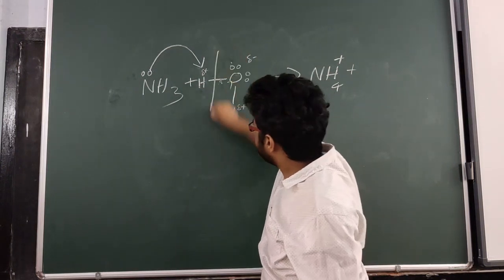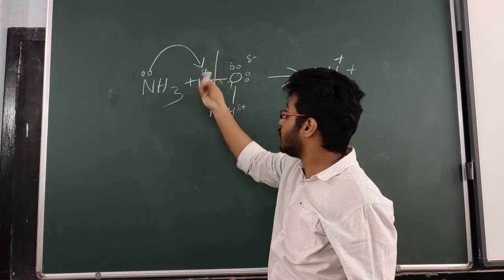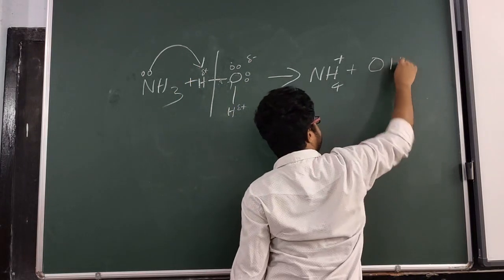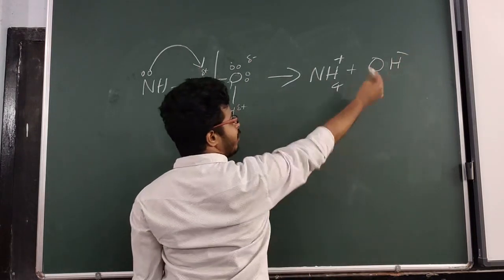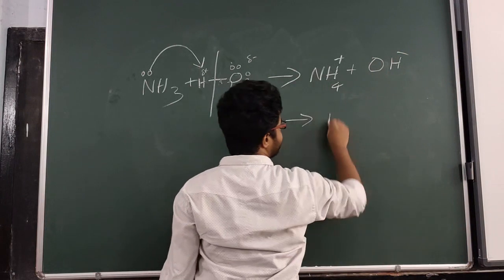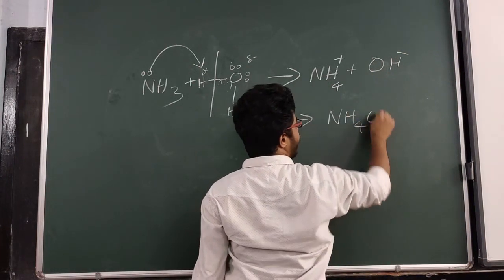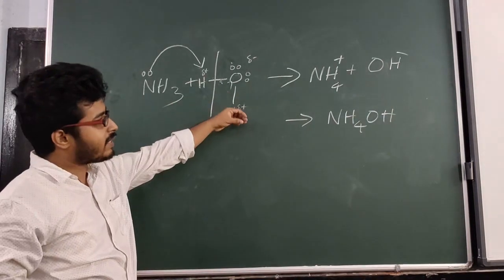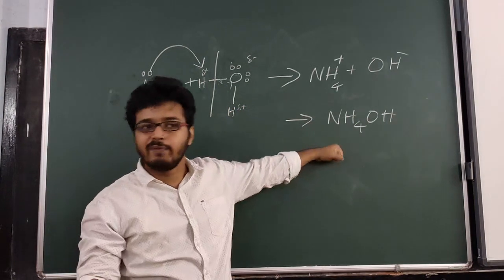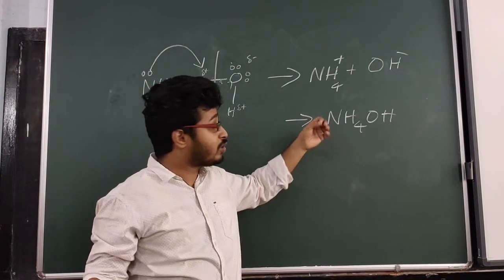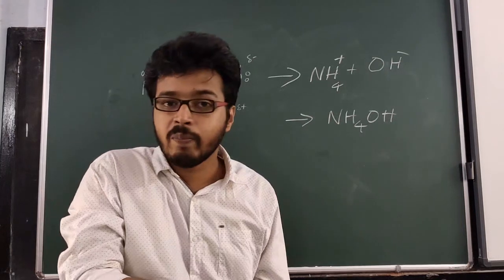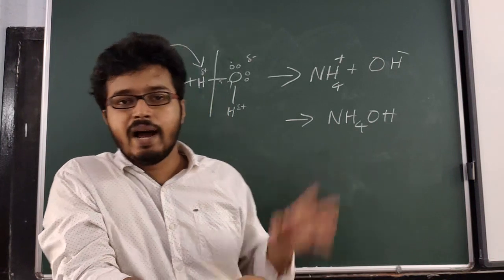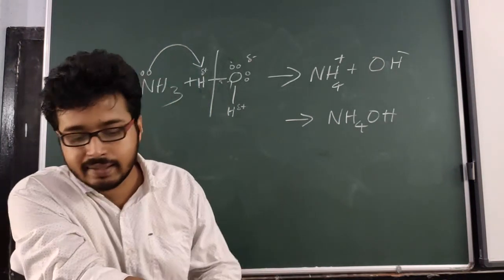From the water, this hydrogen was taken away by the ammonia. Whatever is left over will be OH minus. So NH4 plus OH minus, in other words NH4OH. If ammonia reacts with water, it will form ammonium hydroxide, which is also a weak base. Because of this nature, you can definitely prove that ammonia can be considered a base.